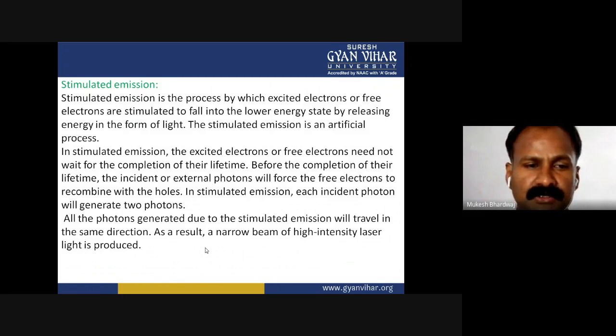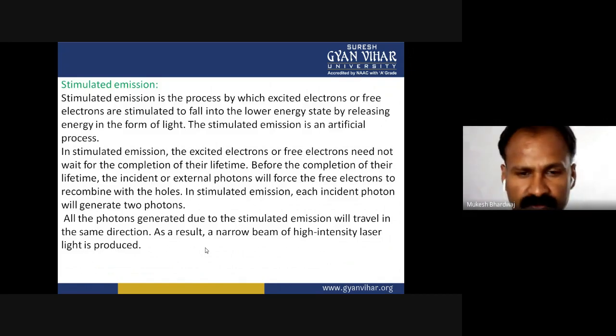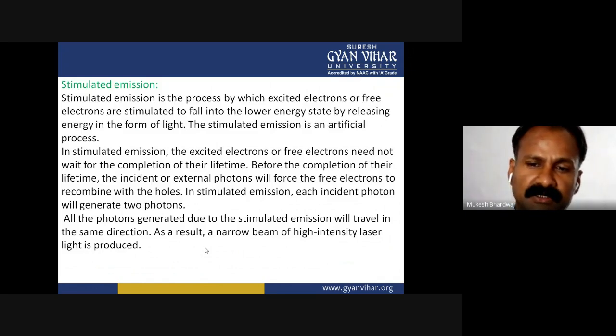Before the completion of their lifetime, the incident or external photons will force the free electrons to recombine with the holes. In stimulated emission, each incident photon will generate two photons. All the photons generated due to the stimulated emission will travel in the same direction. As a result, a narrow beam of high intensity laser light is produced.